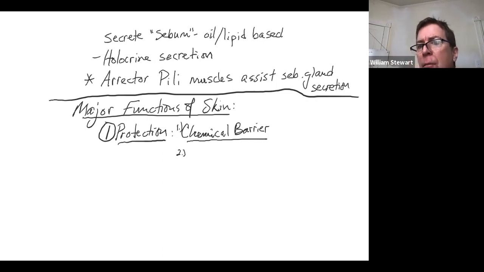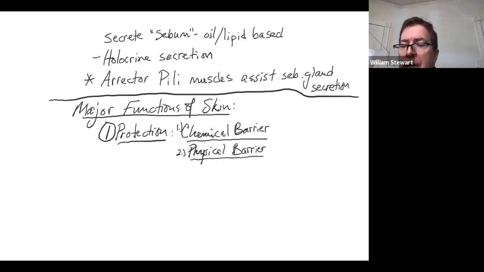It also mainly provides our first line of defense, which is a physical barrier. Without our skin cells, the epidermis, and partly the dermis, things would just enter the inside of our body. So a physical barrier, formed by the tight junctions of those keratinocytes in our epidermis.